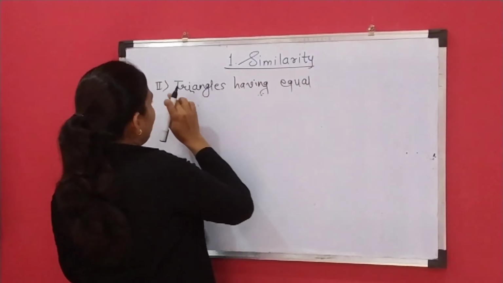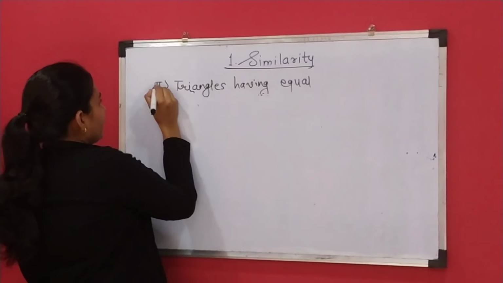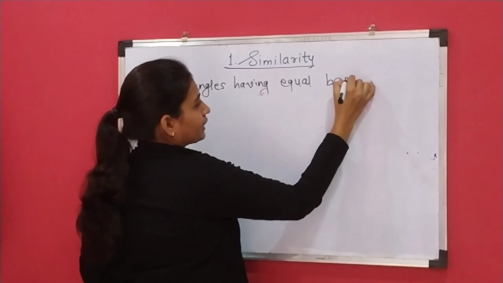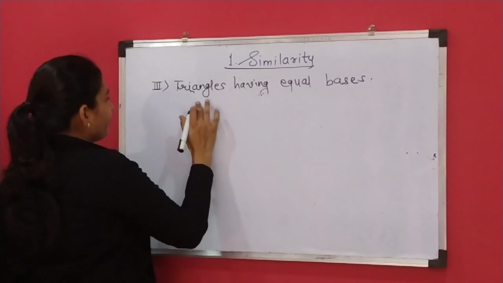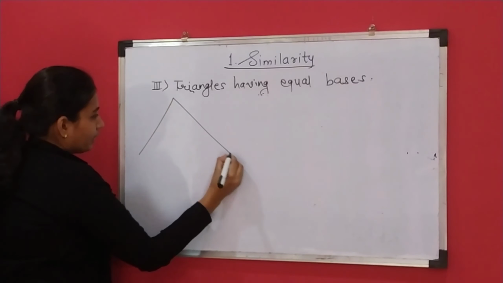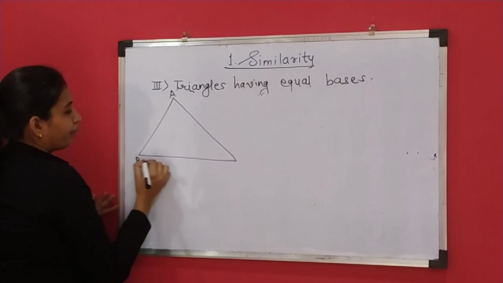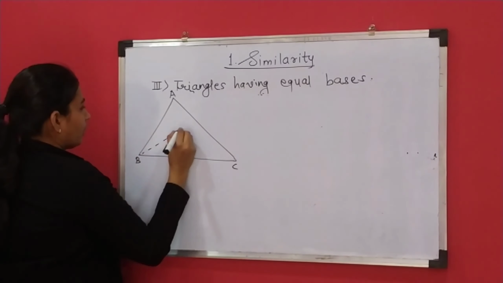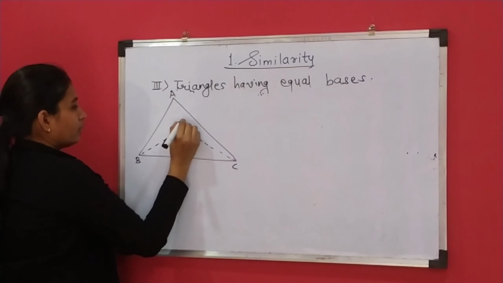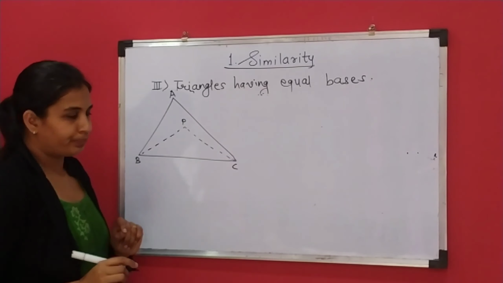That is, triangles having equal bases. Students, now I am drawing another triangle here, that is ABC, and one more triangle like this, PBC.